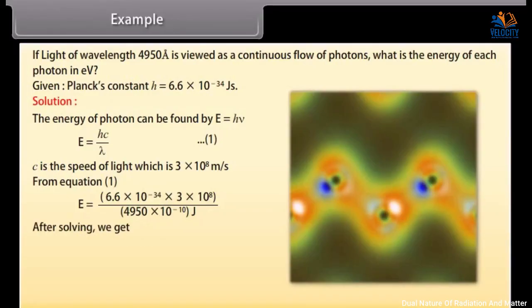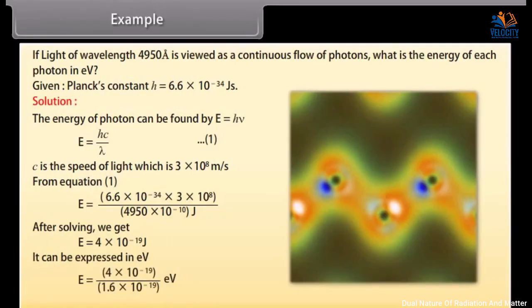After solving, we get E as 4 × 10^-19 joule. It can be expressed in eV: E equals 4 × 10^-19 divided by 1.6 × 10^-19 eV. E is equal to 2.5 eV.